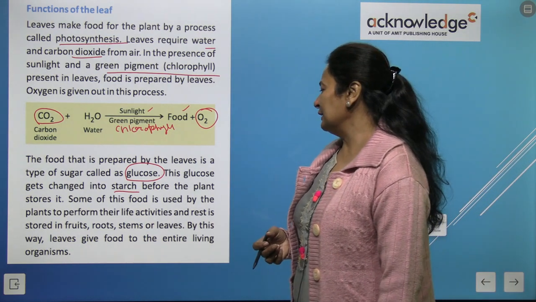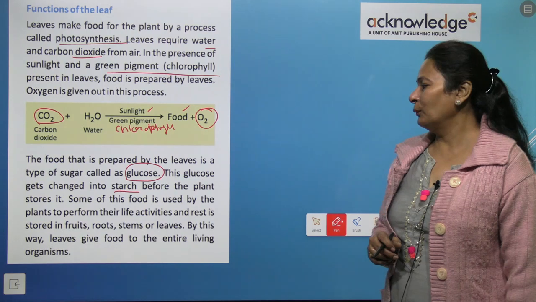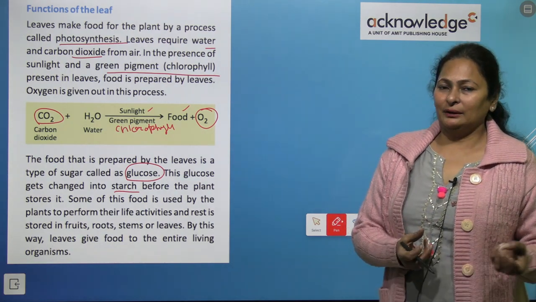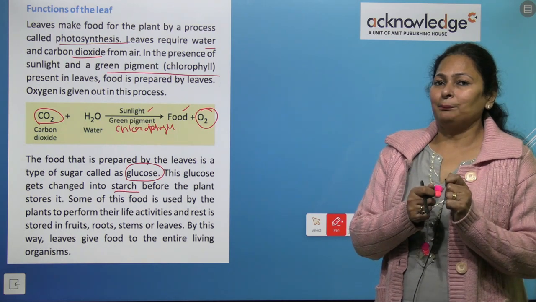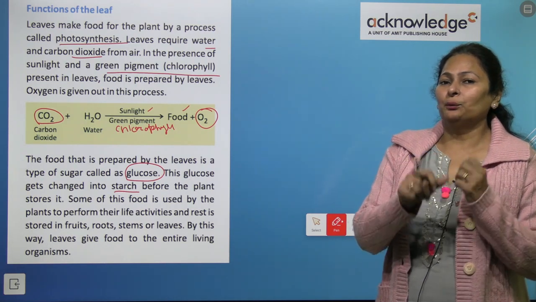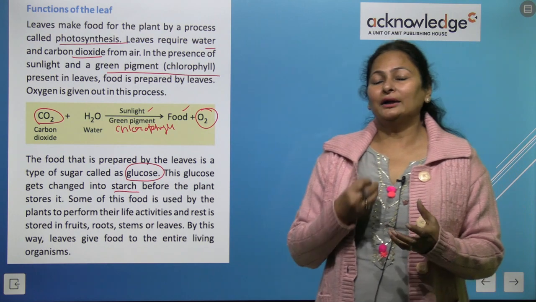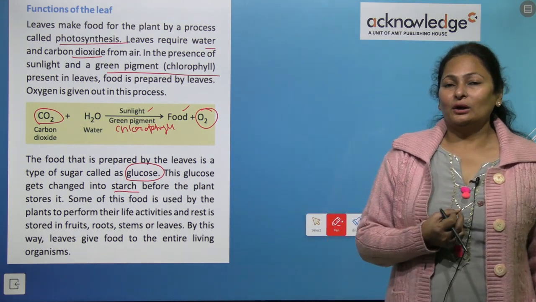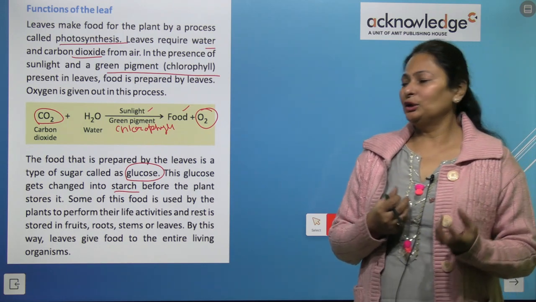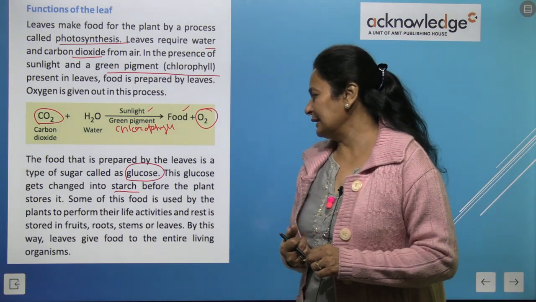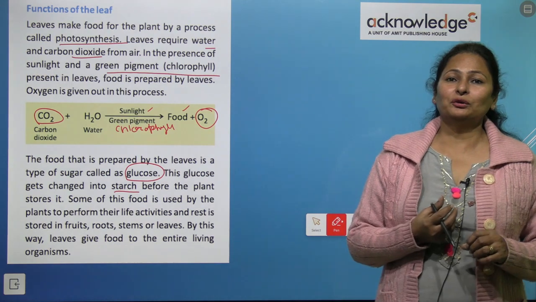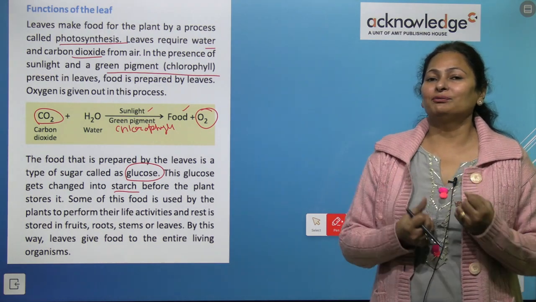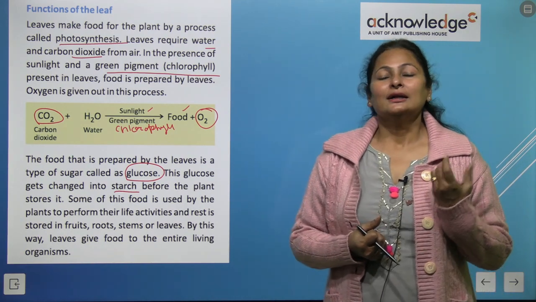Some of this food is used by the plants to perform their life activities, for their repair. If you tear a leaf or you break a branch, the plant also repairs itself, right? So it also needs food, so they use it for its activities, and the rest of the food which is left will be stored in different parts of the plant in the form of starch.